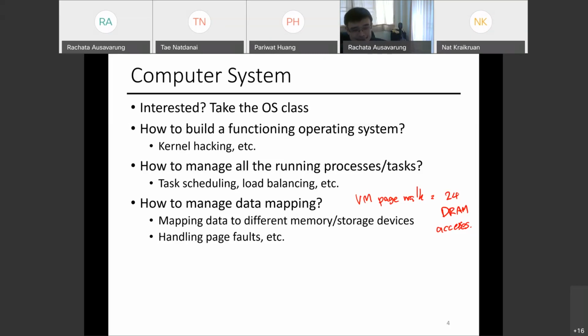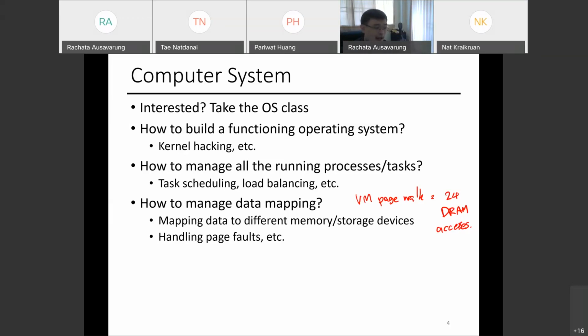Why is it 24? Because inside the virtual machine, you have its own page walk. But every time you go to DRAM in the virtual machine, that's a virtual address, because VirtualBox is a program that still maintains virtual addresses. So locally on your machine, that is a virtual address. Every time you go one level, you need to do the walk on the virtual machine, followed by the walk on the physical machine. And that's why it's 24 accesses.